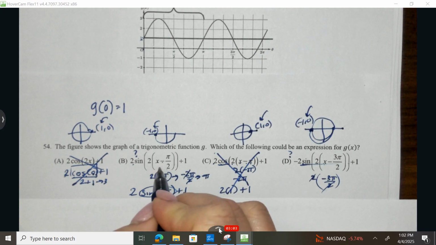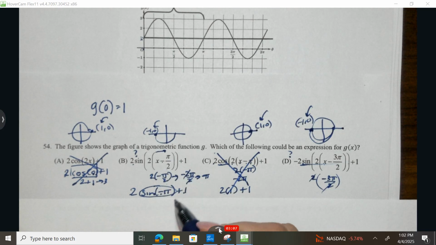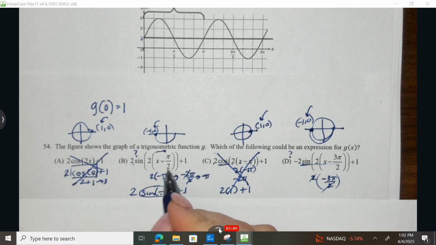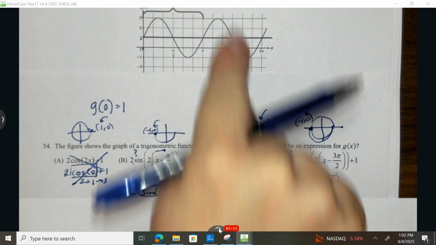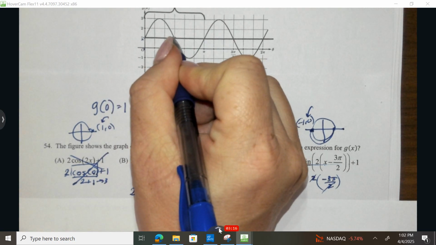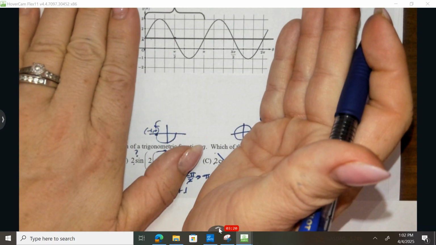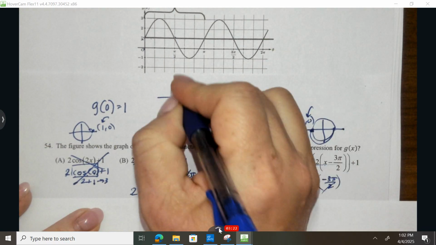So remember, this is going to lie to us. This is actually going to move to the right pi over 2. So if I reverse this, it's been moved to the right pi over 2. This is supposed to mimic this. If it's been moved to the right pi over 2, let's switch it back. If I take this and move this back, it's like I cut this out, I literally pick it up, and I line it up on the y-axis. This is what it would look like.